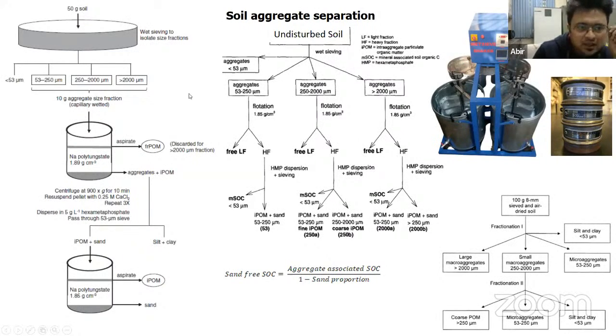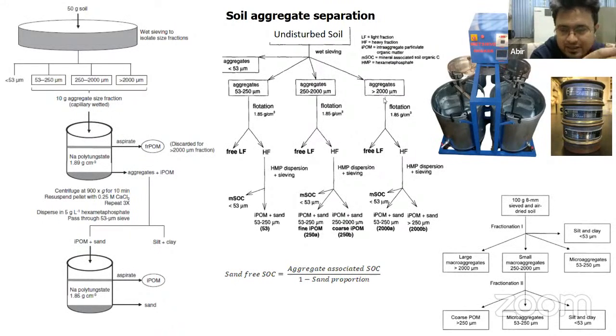So after these 10 minutes, we will have some soil on every sieve. Now the particles more than 250 micron are known as macro aggregates, and we have used two sieves in that range. Whatever particles are on the 2 millimeter sieve are known as large macro aggregates.